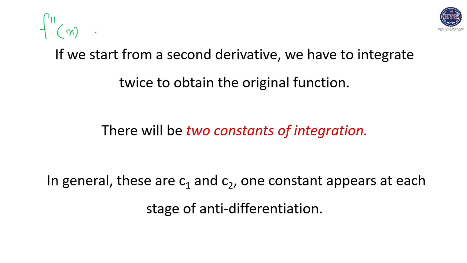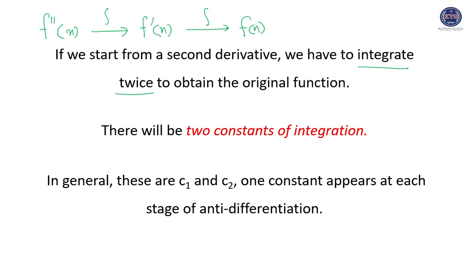Okay, the process is when you integrate, you akan dapat f prime, right? And if you integrate again, you will have f(x). So if they give us the second derivative, how to determine the f(x)? So you have to integrate twice. Ini maksud dia integrate twice. Okay, you have to integrate 2 times.